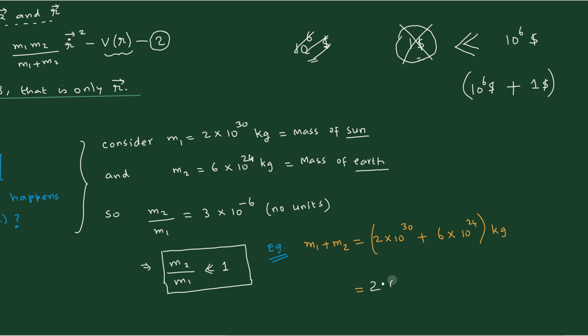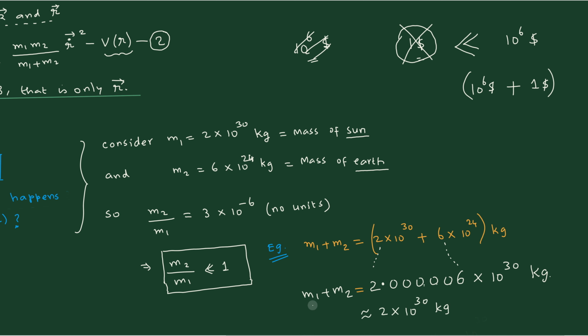So put 6 zeros here. 1, 2, 3, 4, 5, and that will be 6. And then now you can put a 6 here. So this 2 has come here, and this 6 has come here, and the 6 zeros are now added here. And ultimately we will be having 10 to the power of 30. So this is how you perform the addition finally. So m1 plus m2.